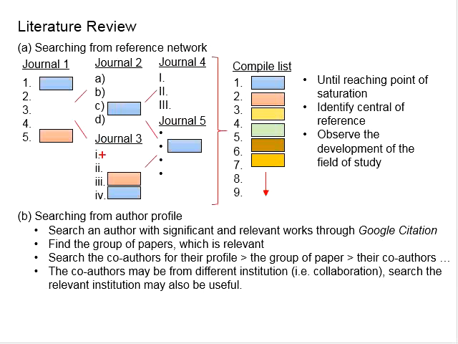You will repeat the process for the other journal papers within the list, and this eventually forms a spider web or a network of publications, and in no time you will be able to locate nearly all the relevant papers within the field of study.